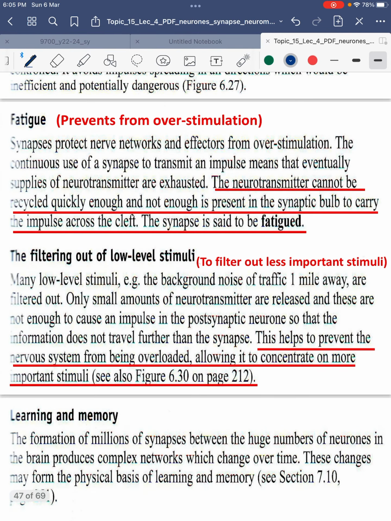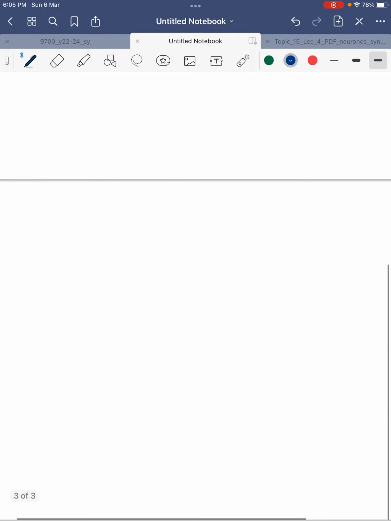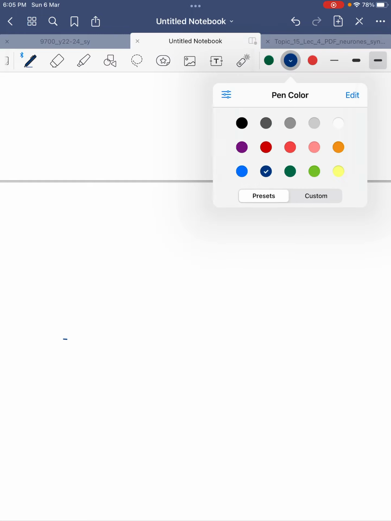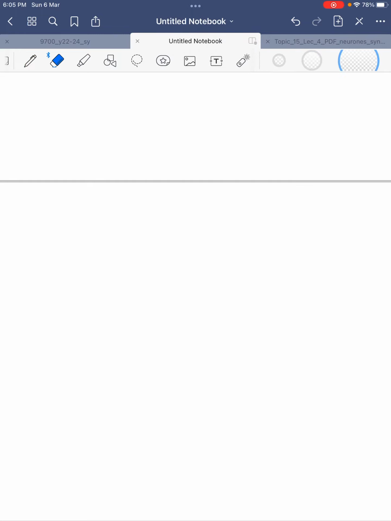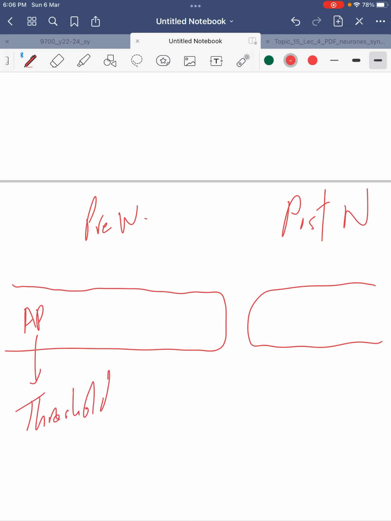The next one, the filtering out of low-level stimuli. This is another interesting one. Let's draw another presynaptic neuron and postsynaptic neuron. For action potential to occur, it must reach a certain threshold value, and the threshold value is about minus 55 millivolts.